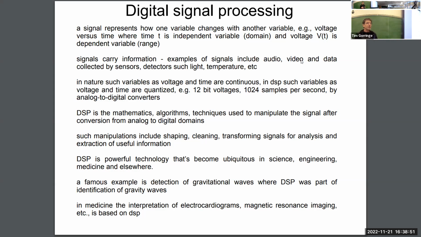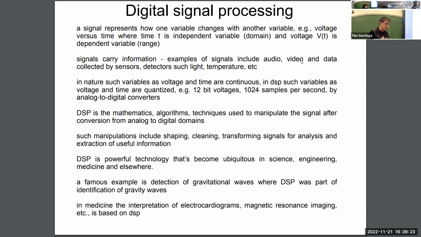Within science, we turn our analog signals into digital signals and process them. Within engineering, they turn analog signals into digital signals and process them. Within medicine, things like electrocardiograms or MRIs, we turn the analog signals into digital signals to process them and analyze and extract the information we want.